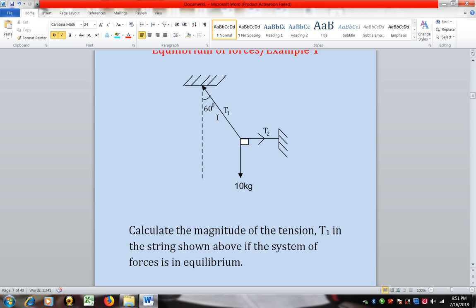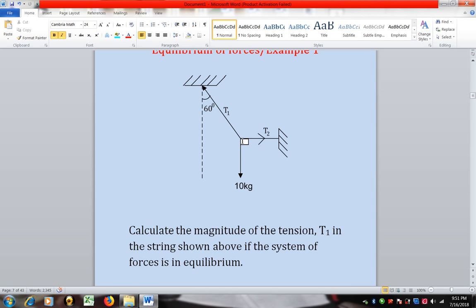So the vertical component of T1 will be T1 cos 60 degree. We just multiply T1 by the cosine of the angle between T1 and the vertical. So the angle between vertical direction and T1 is 60 degree. So to find the vertical component of T1, that is along this direction, we multiply T1 by cos 60 degree.